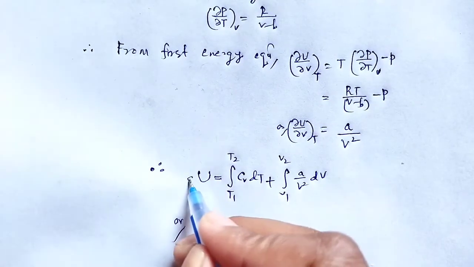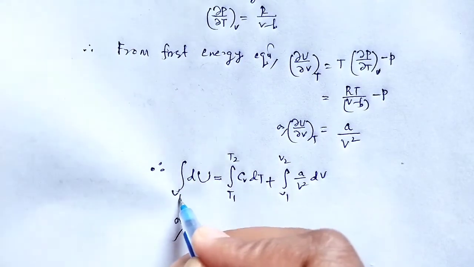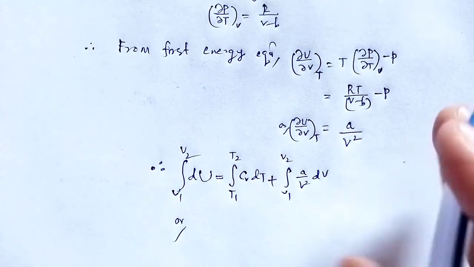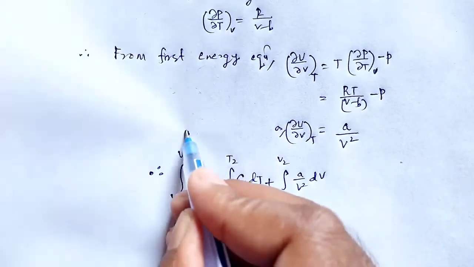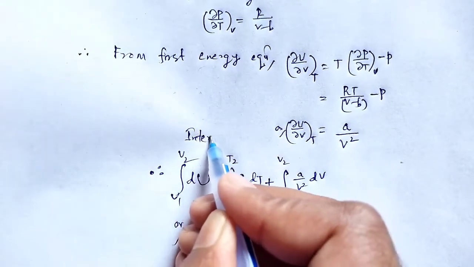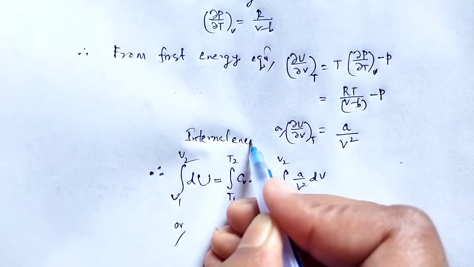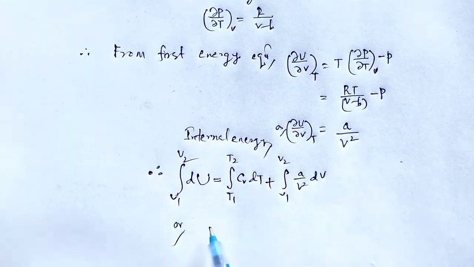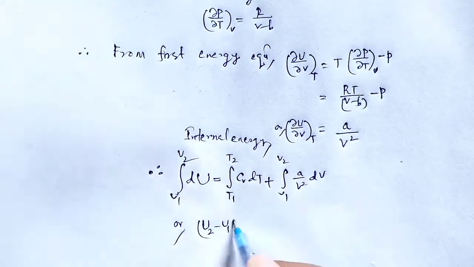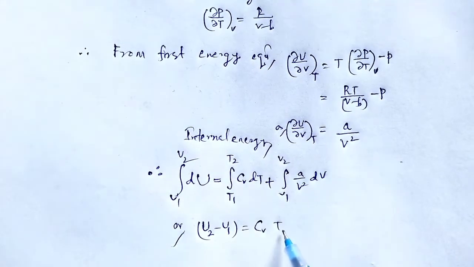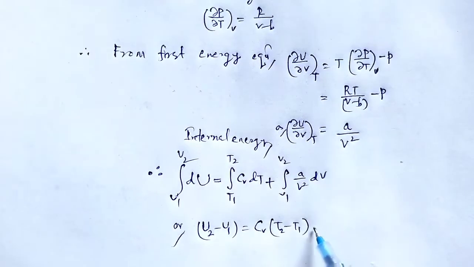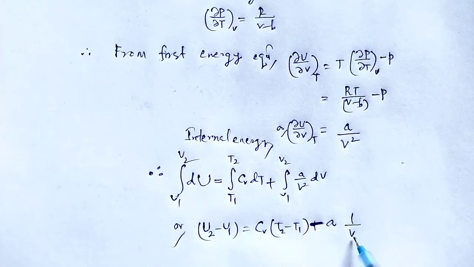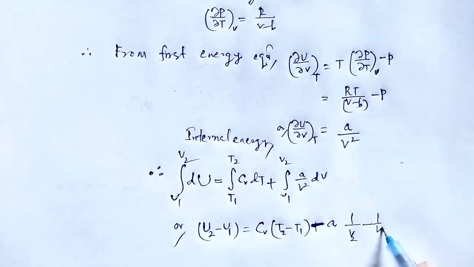Here U changes from U1, the initial internal energy, to U2, the final internal energy. So U2 − U1 = Cv(T2 − T1) − a(1/V2 − 1/V1).